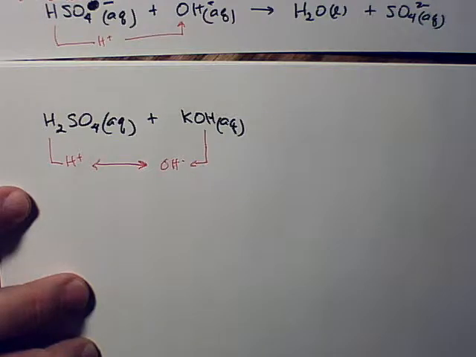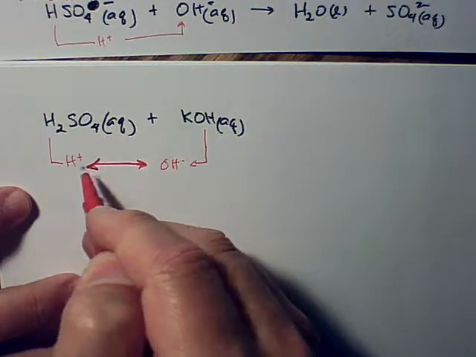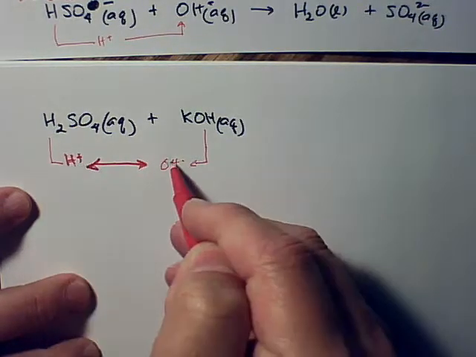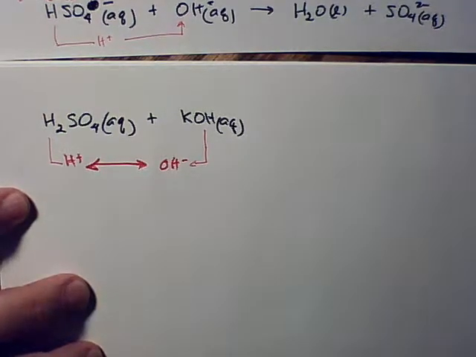Right? Kind of the same thing. Sort of. Well, hydrogen ions and hydroxide ions are really strongly attracted to each other. Huh? You could say that. You could call them boyfriends and girlfriends.